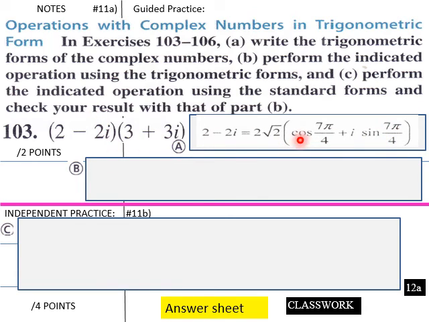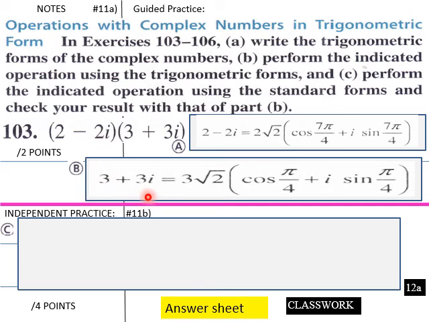So that would be the trigonometric form of this expression. And then 3 plus 3i will be 3 times radical 2 multiplied times cosine pi over 4 plus i sine pi over 4. So here's our trigonometric expression for this one.